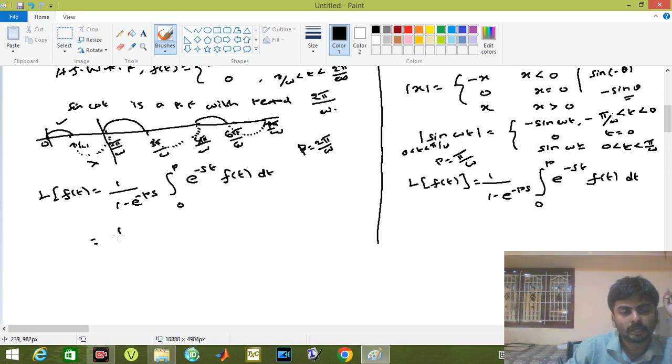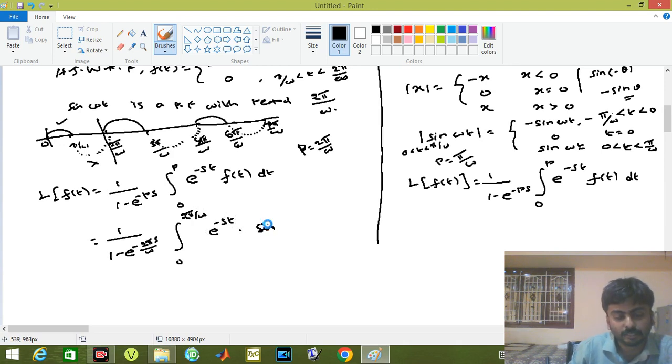Here you can write 1 by 1 minus e power of minus 2 pi s by omega, integral 0 to 2 pi by omega, e power of minus st f of t, it is f of t itself, f of t dt.